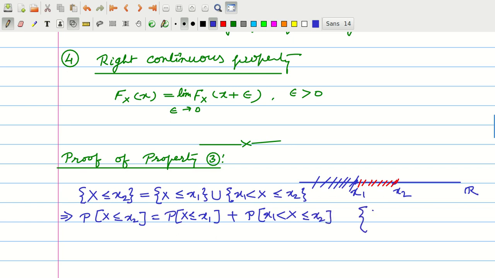So using the additivity axiom of probability. And why can we use it?